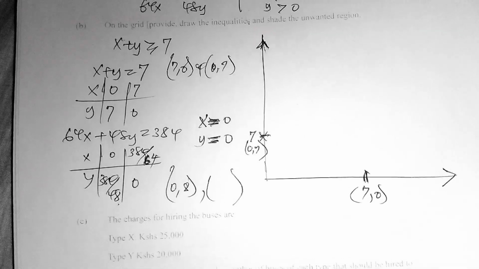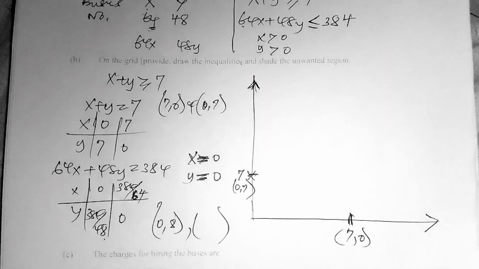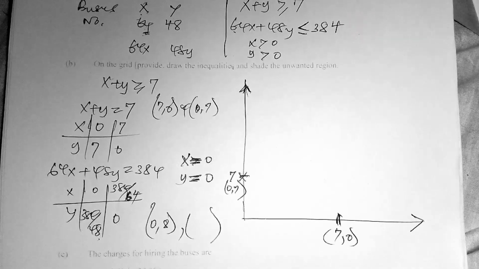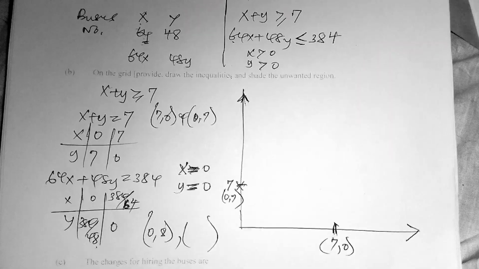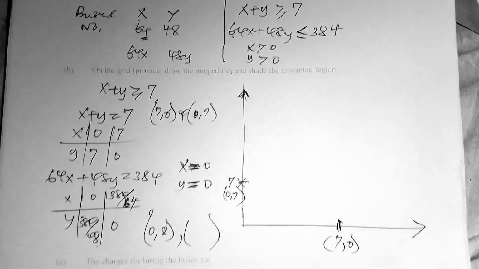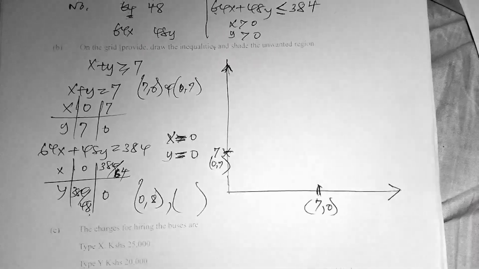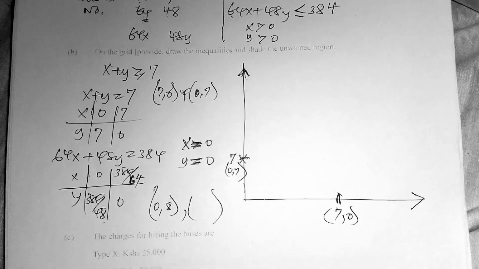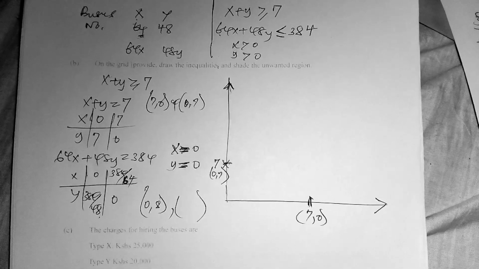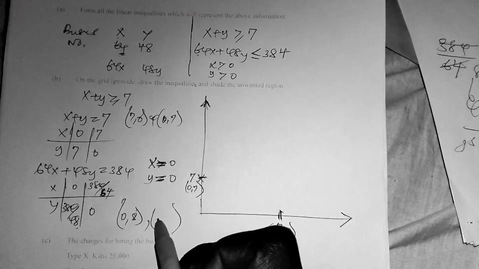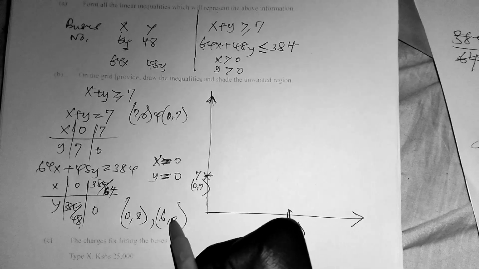Let me confirm. 384 divided by 64 you get 6, so here it will be (6, 0).